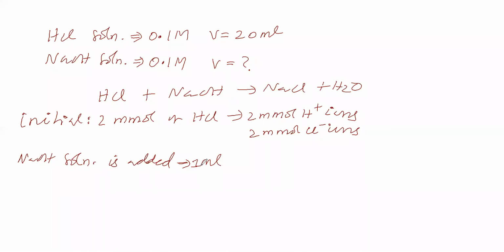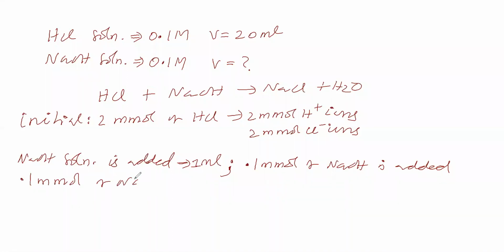You are adding 1 ml of sodium hydroxide solution, 0.1 molar. Multiply 1 ml and 0.1 molar, and you get 0.1 millimole of sodium hydroxide added. So 0.1 millimole of sodium hydroxide reacted.